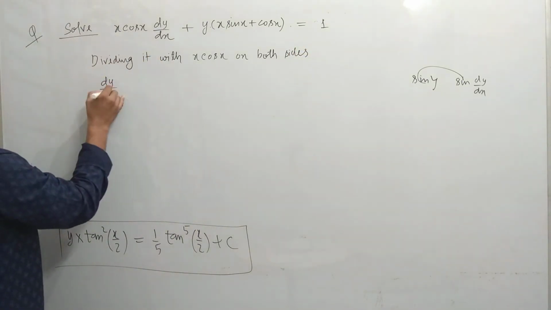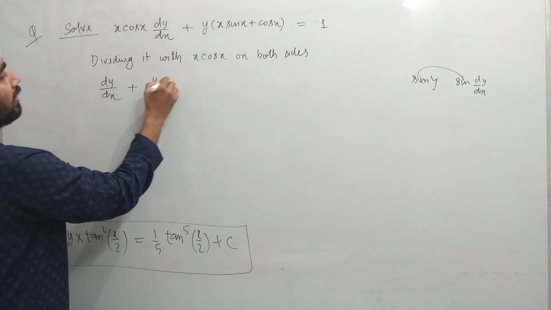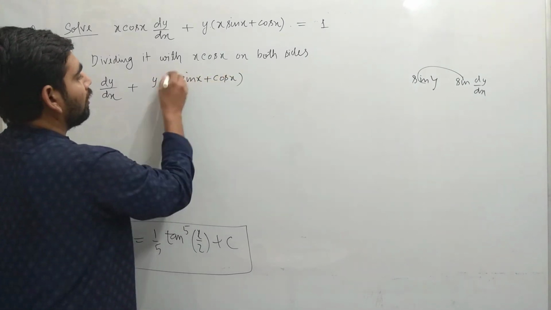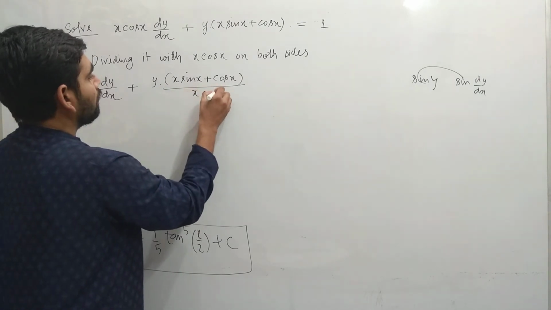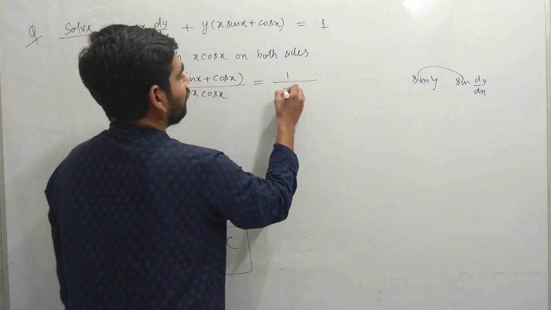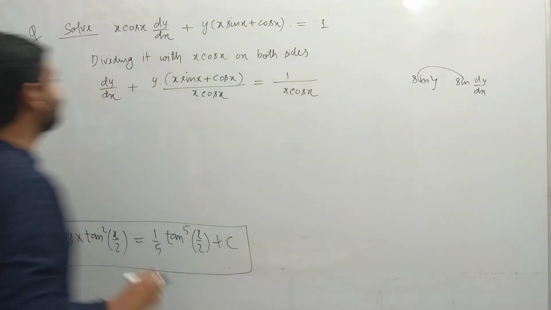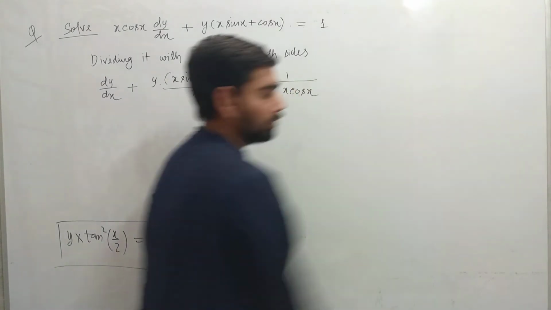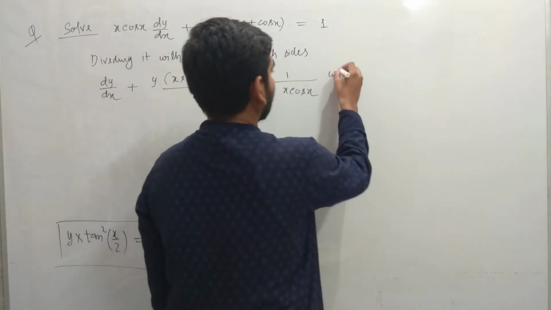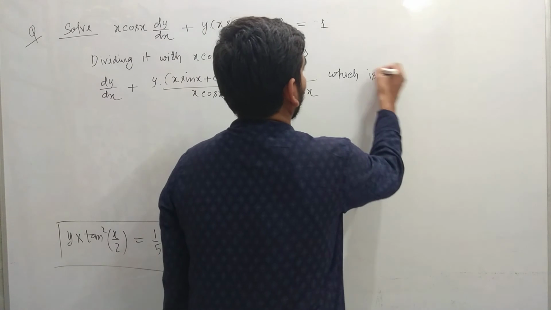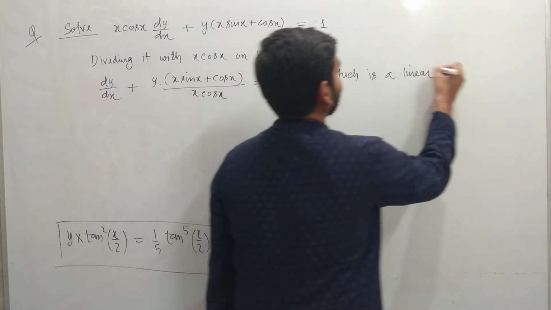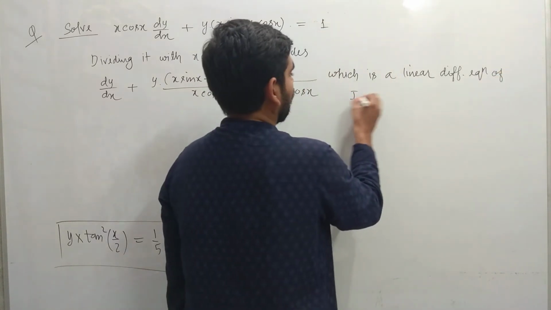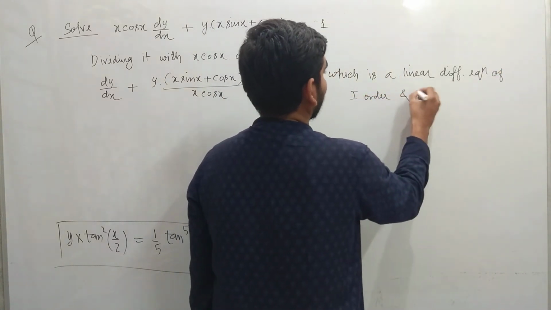Dividing this differential equation with x cos x, we get dy by dx plus y times (x sin x plus cos x) divided by x cos x equals to 1 upon x cos x. We observe that it is a linear differential equation of first order and first degree.